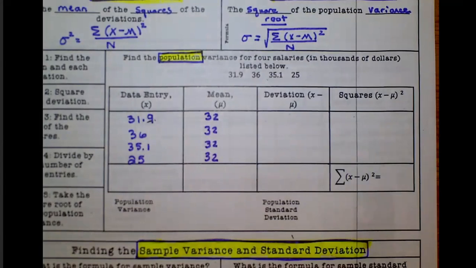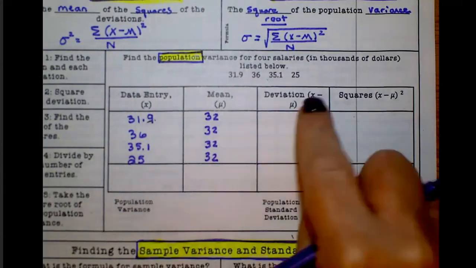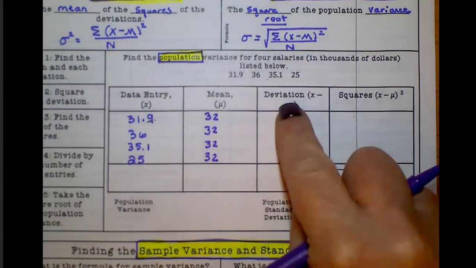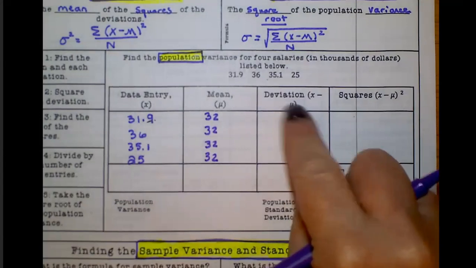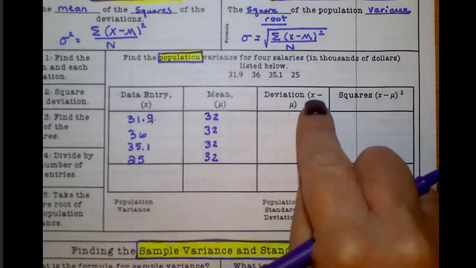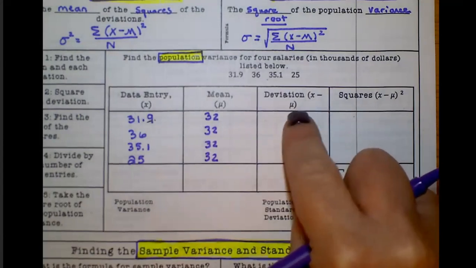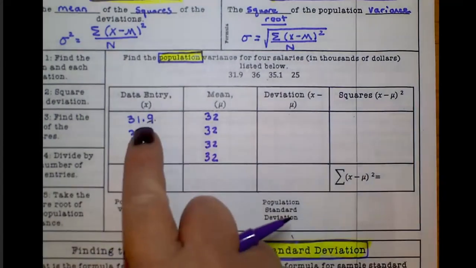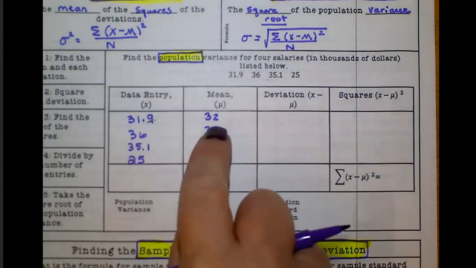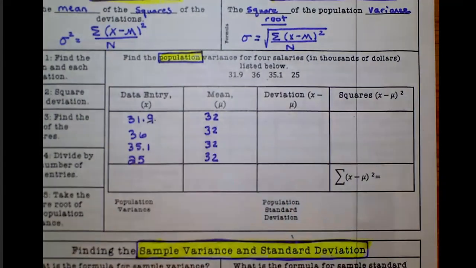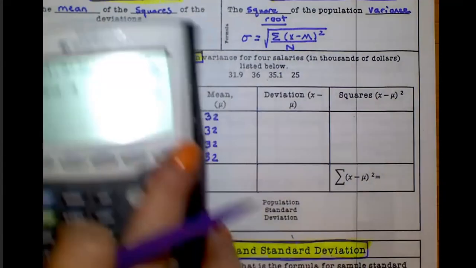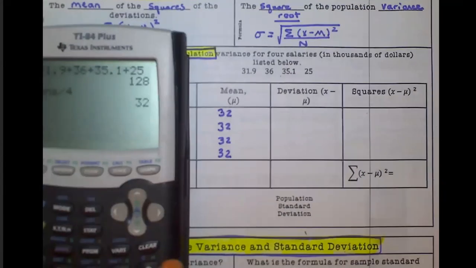Okay? Now what I was mentioning a while ago is deviation is how far each x value is from the mean. Okay? So you're going to take each x value and you're going to subtract the mean from it to see how far away you are. So you're going to take 31.9 and subtract 32. Okay? So go through and subtract all those, and I'm going to demonstrate.